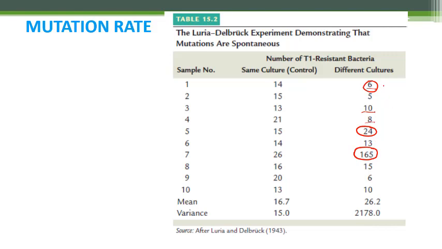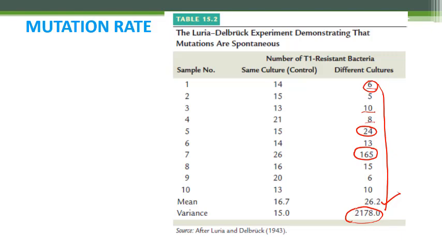So in all these plates taken from the independent tubes, the random mutation occurred totally independently of each other and also independent of the number of T1, as the T1 cells were present in equal number in all these culture tubes. We have the mean, the average of these values, and the standard deviation, a statistical value.